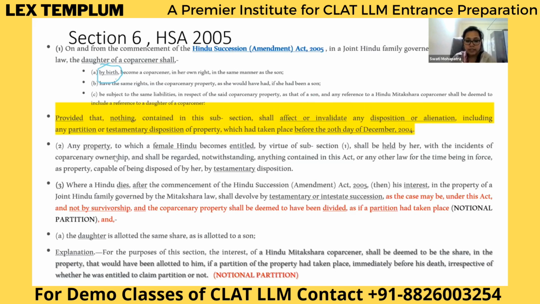After this particular part, I'll take you to the explanation here, which is under subsection 3. Subsection 3 is where we talk about notional partition. The notional partition says that what if the intestate, or the particular person in question whose property we are talking about, has died and there has been no partition. So how are we going to segregate the property between the co-partners or the existing descendants?